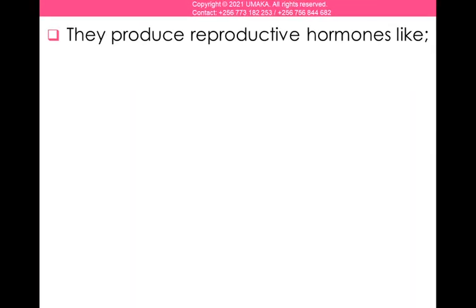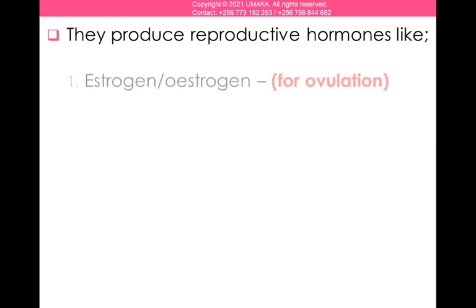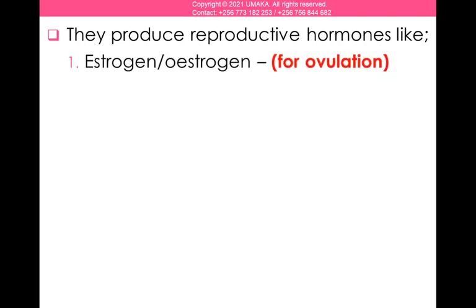Another function of the ovaries, they also produce reproductive hormones. They also produce hormones, and these hormones are good during reproduction. That's why I'm calling them reproductive hormones, like estrogen hormone, which is also called oestrogen hormone, and this one controls ovulation as a process.